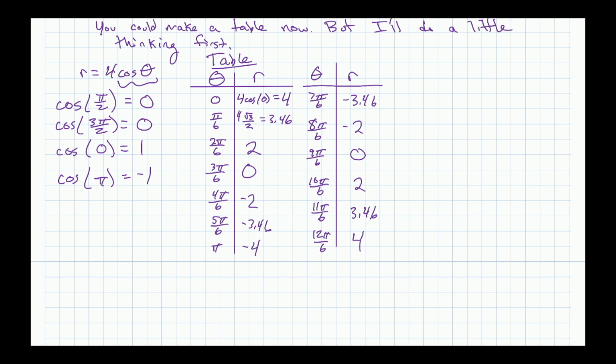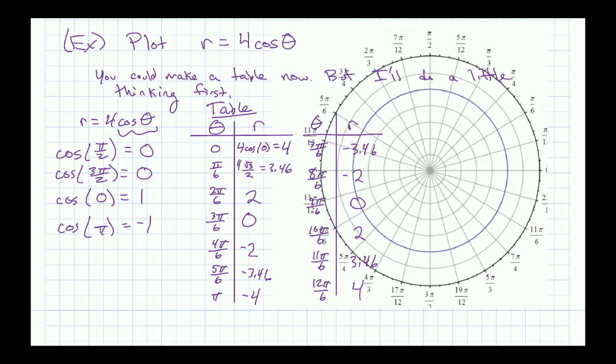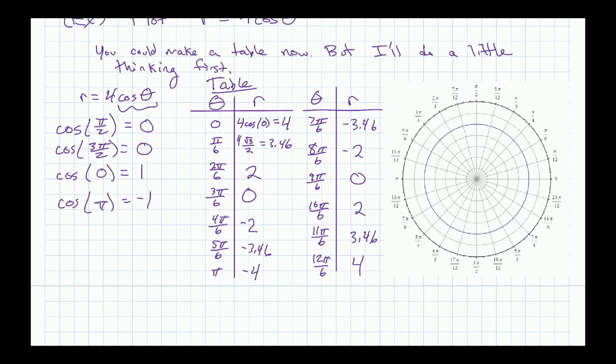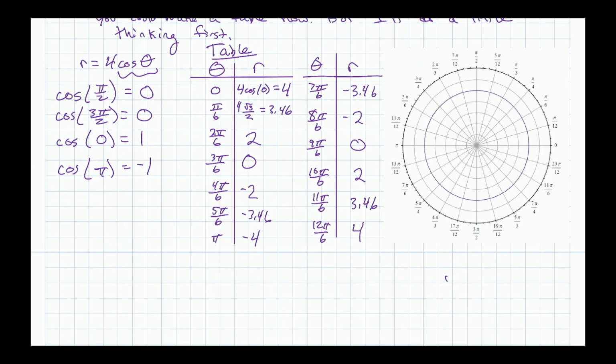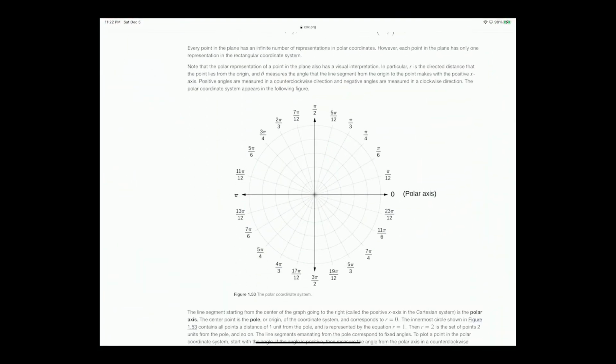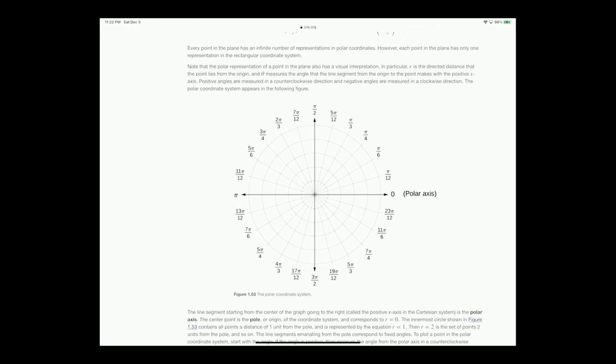So let me get a table here. Oh, I have to use that one. I thought I just saved a better one. That's unfortunate. I had a better one than this that I wanted to use, and I don't know where it is now. Okay. So there's my graph paper. Actually, you know what? Let me come back here. This is the one that I tried to save. To photos, copy it.